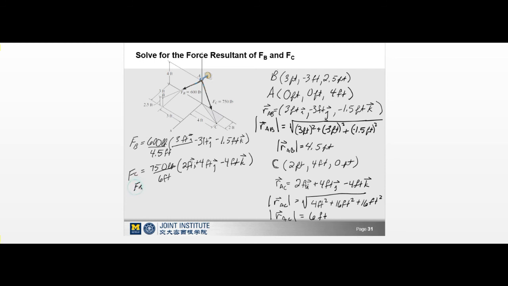We have FB, and I should have vector notation on top of all of these.